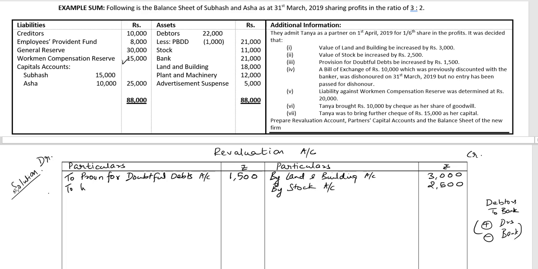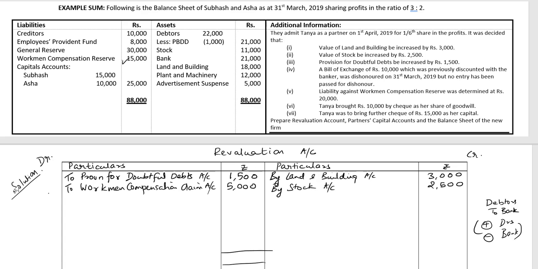So, to workmen compensation claim account, 5,000 rupees. The sixth point and the seventh point will not affect the revaluation account.